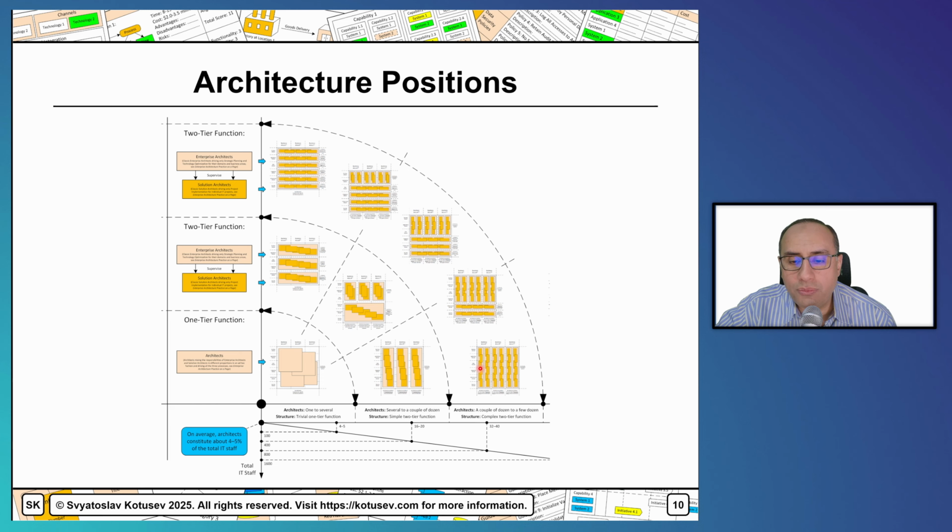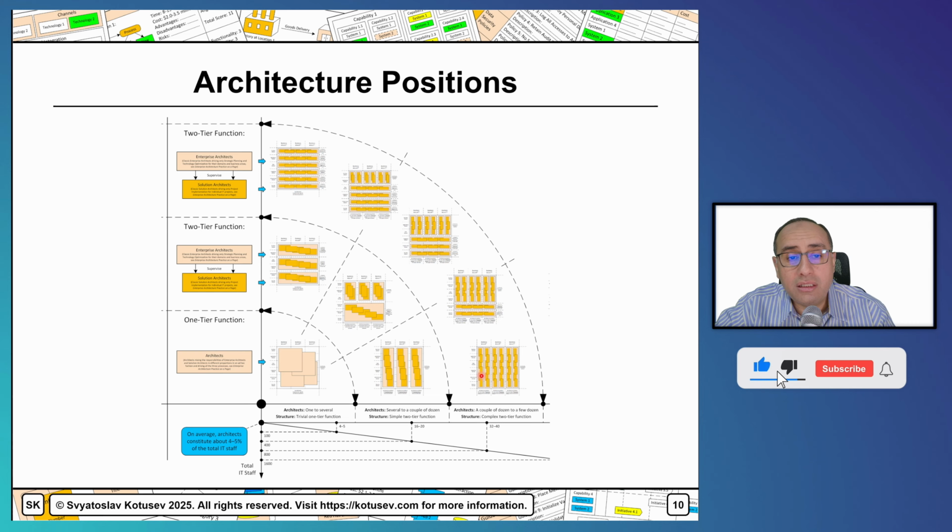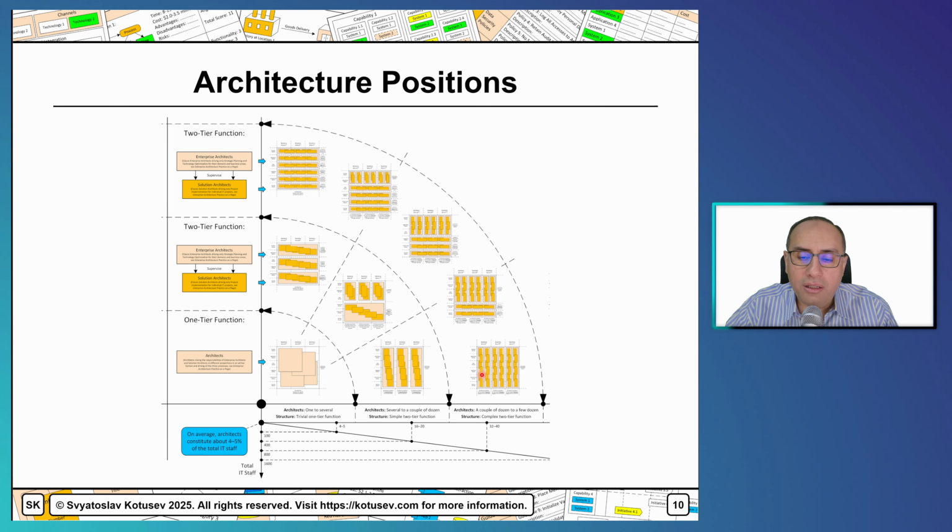Here we are going to the extreme where all the architects are organized based on the business unit, and they are covering all the domains: business domain, application domain, data domain, but it is a very large organization. And here, as you can see, it is specific based on the IT domain and business domain.